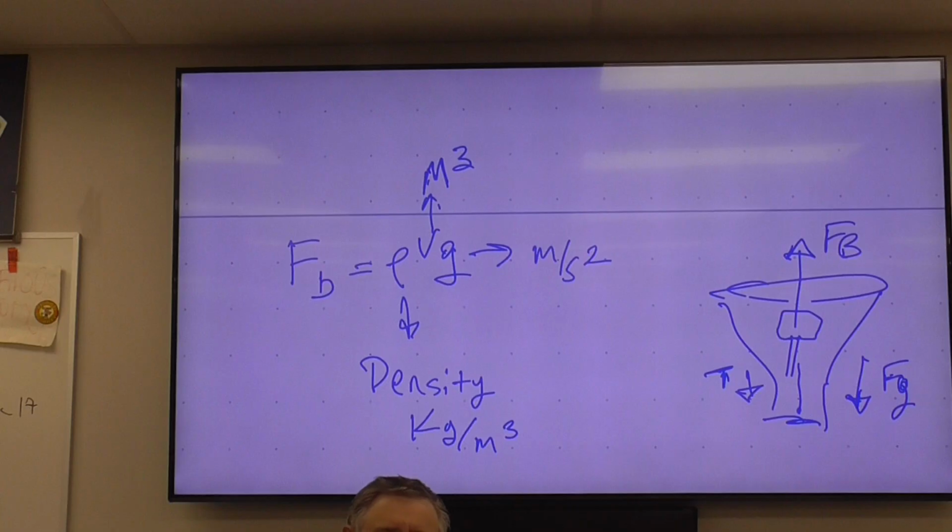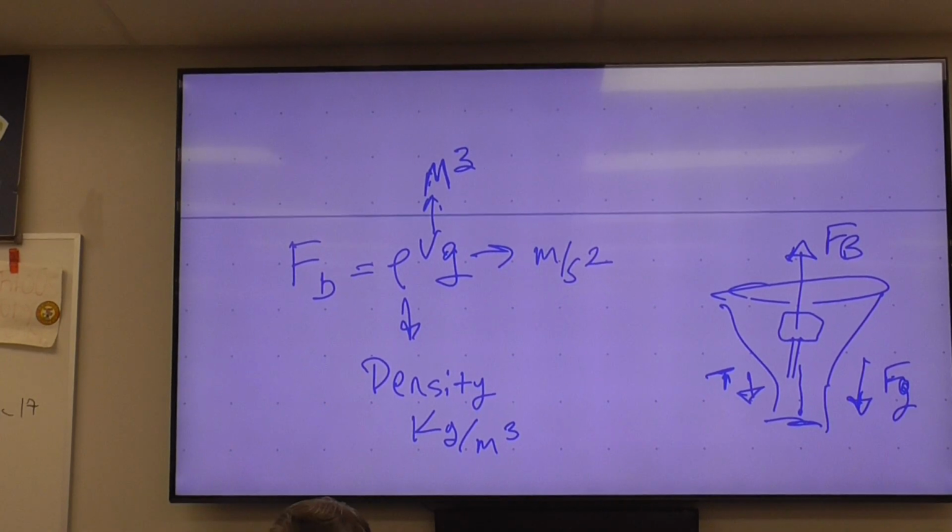Now, here's the most common misconception with buoyancy force. The buoyancy force itself is a fairly simple equation: rho V g. But that density value is the density of the fluid that is being displaced. It is not the density of the object.